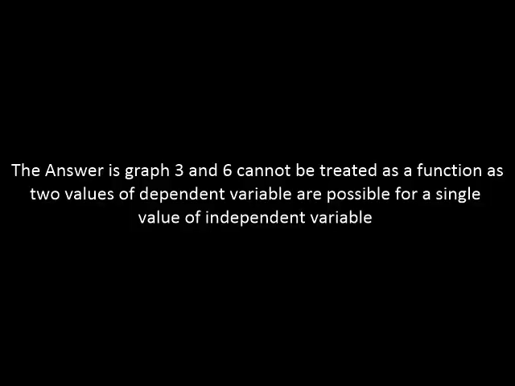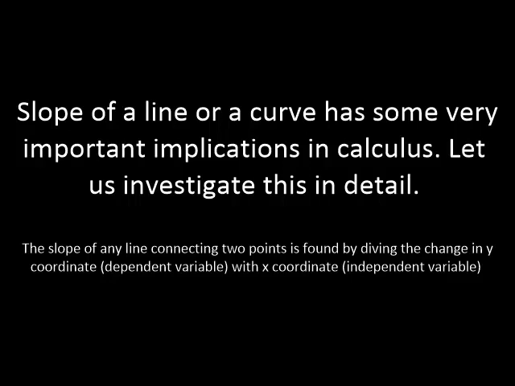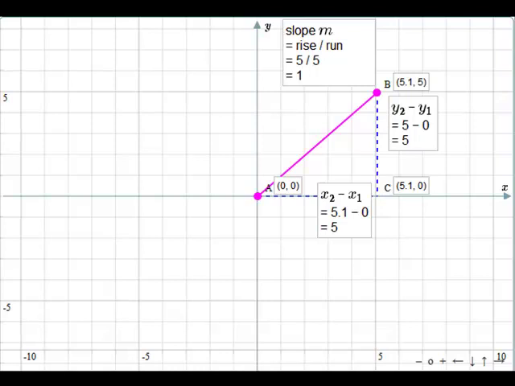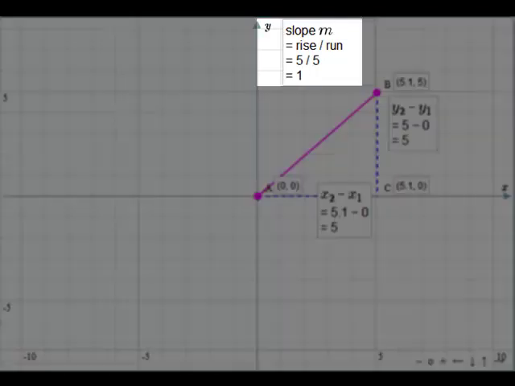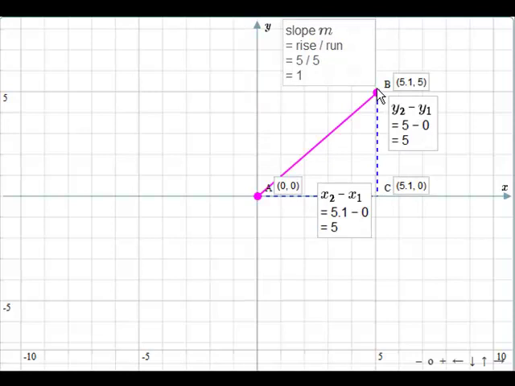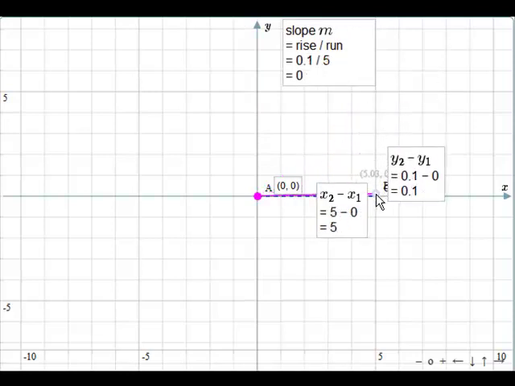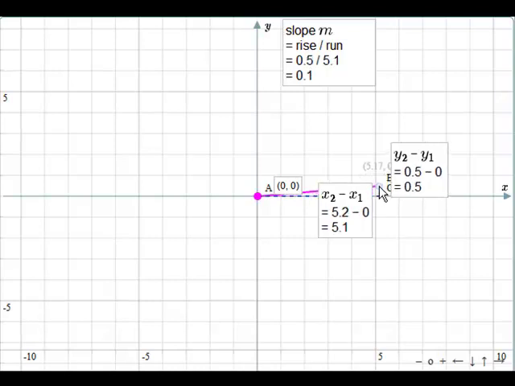We now discuss a very important concept called the slope of a line or a curve. The slope of a line or a curve, at any point the tangent on the curve, is delta y upon delta x, or change in y upon change in x, which is y2 minus y1 upon x2 minus x1. And here is an illustration of how we are finding the slope.